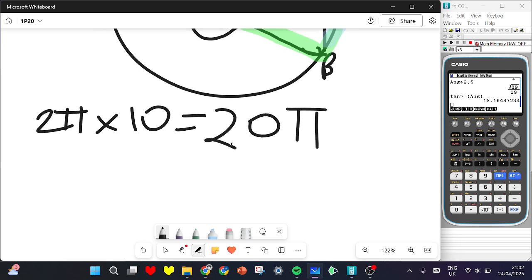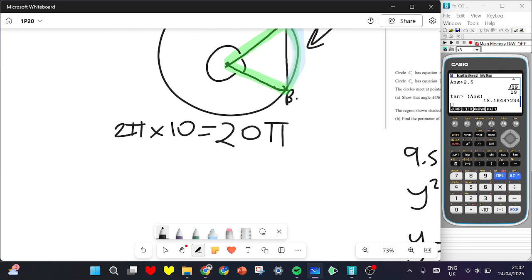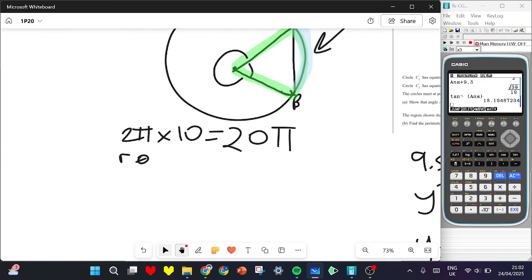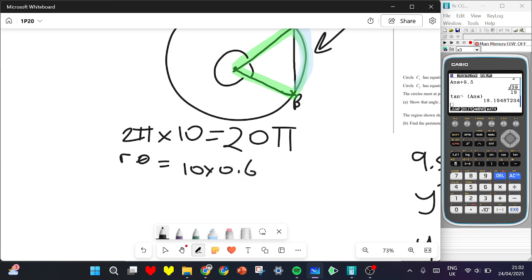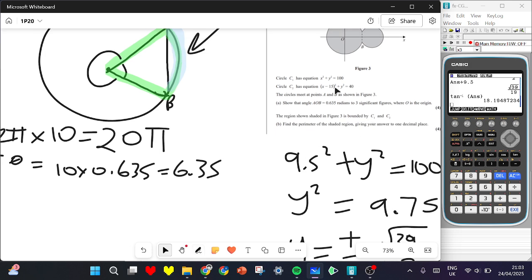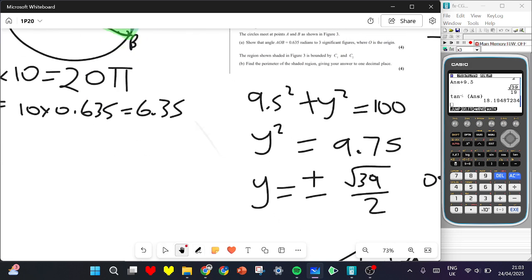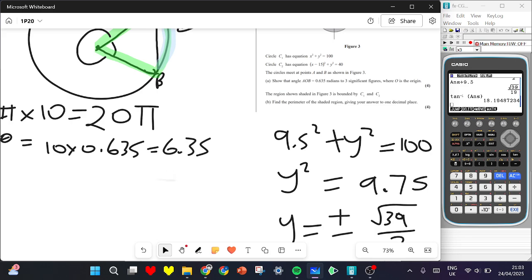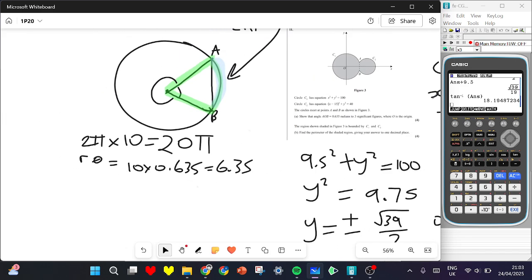And then the arc length over there is going to be r theta, and the theta from part A was 0.635, so we're just going to do 10 times 0.635, which is 6.35. I think it's fine to just use the rounded version rather than all the decimals.